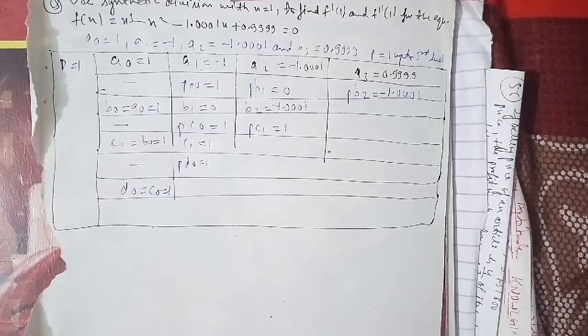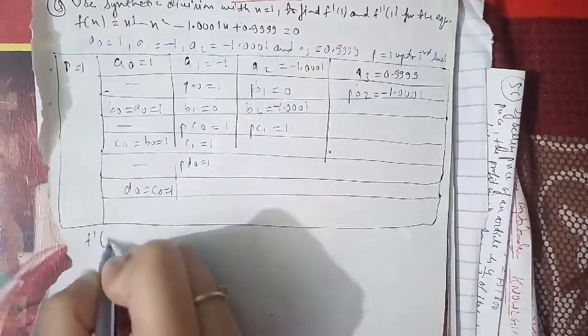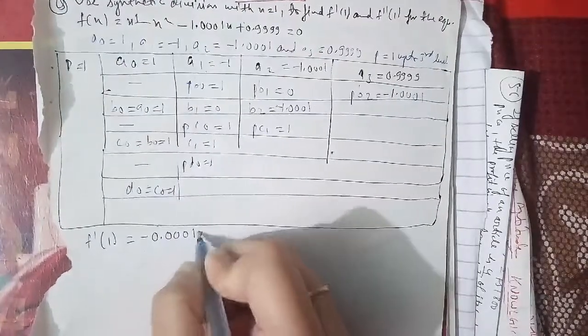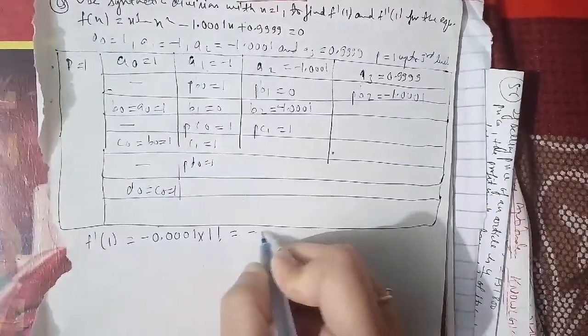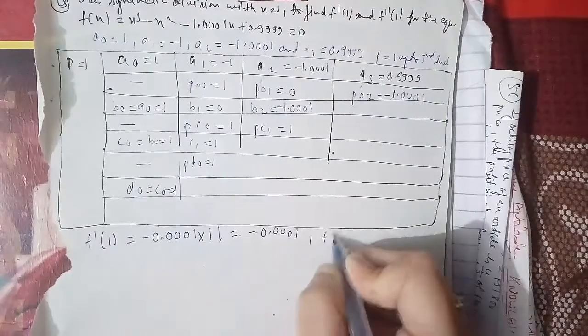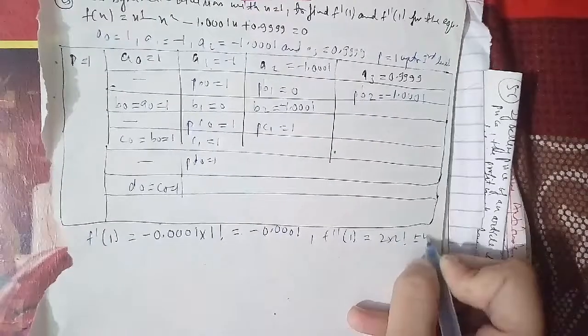For the above table, you have to observe that the successive remainders from c2 onwards are equal to 1 upon n factorial times f^n(p). So f dash 1 equals minus 0.0001 into 1, which is equal to minus 0.0001, and f double dash equals 2 into 2, which is equal to 4.